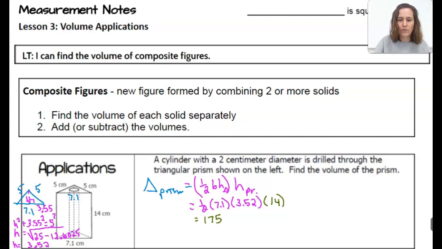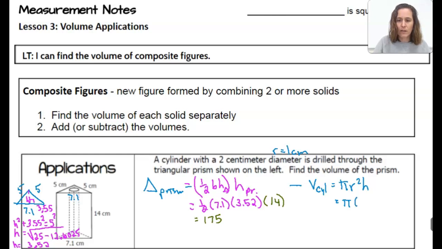And now we have to subtract the volume of the cylinder, which is pi r squared times h. When we plug that in, we know the diameter is 2 centimeters. So that means the radius is 1 centimeter.